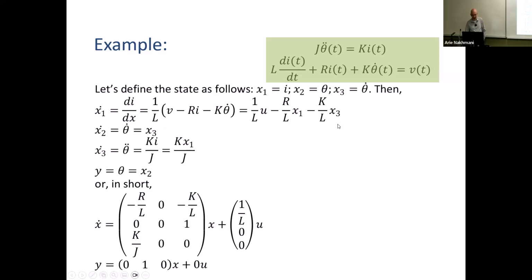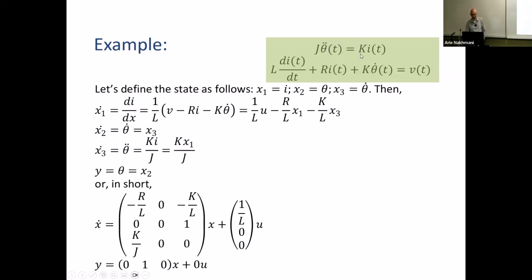So now it is a state space equation. So x1 dot equals 1 over L times something with u here, x1, and x3. You do not have any other variables, so it's fine. x2 dot is theta dot. So theta dot is x3 by definition, right? So we got the second equation. x3 dot is theta double dot, so I can use that equation.